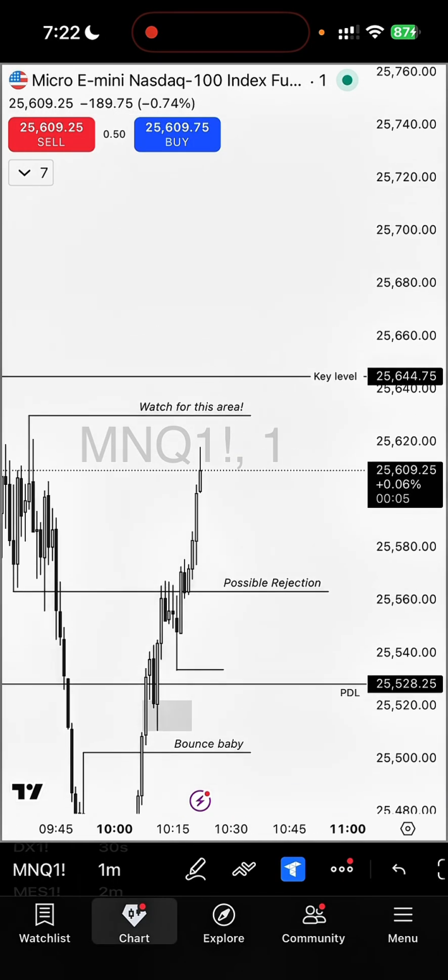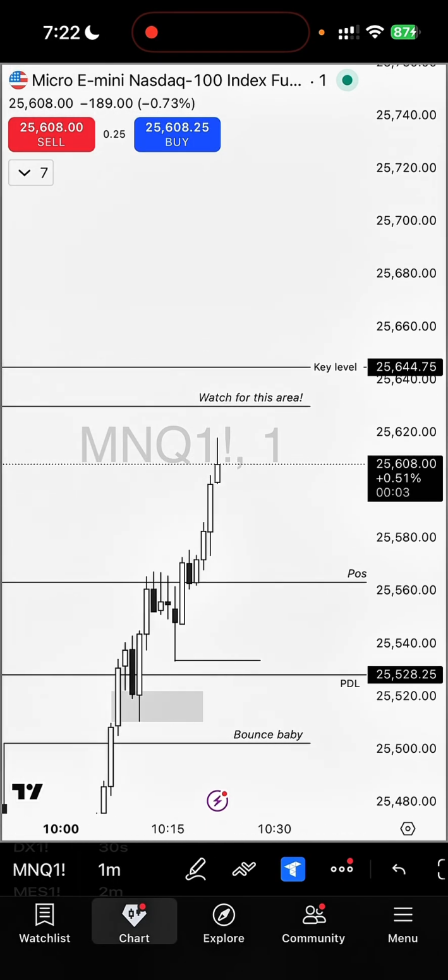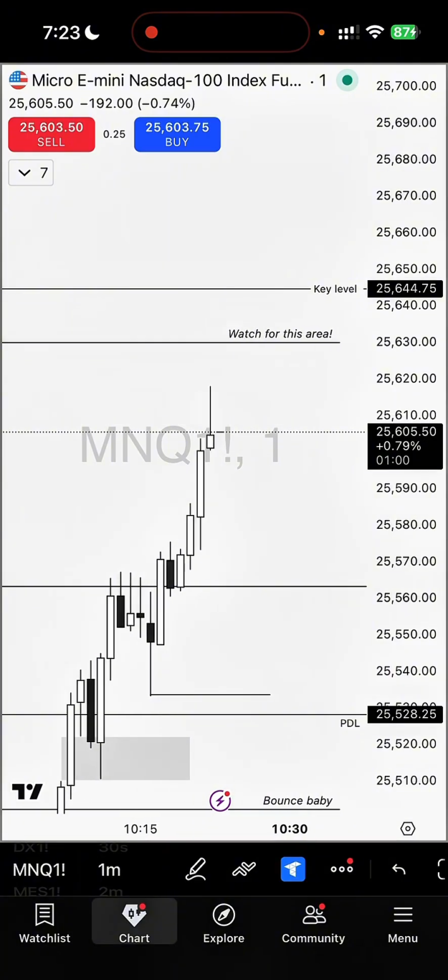Let's see, most likely we will create an imbalance here, a bullish imbalance. Great.